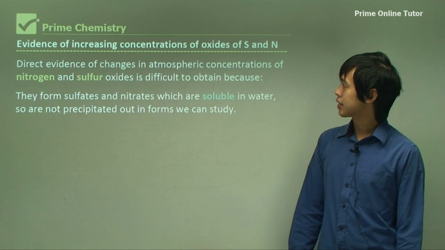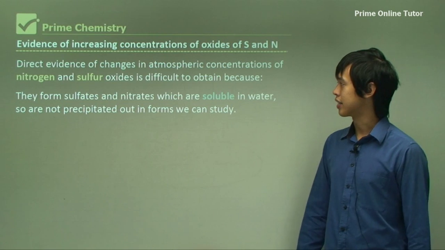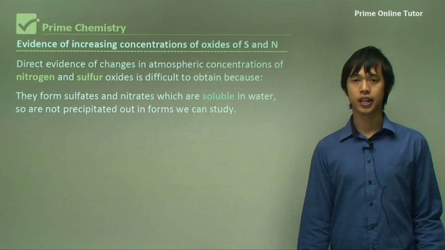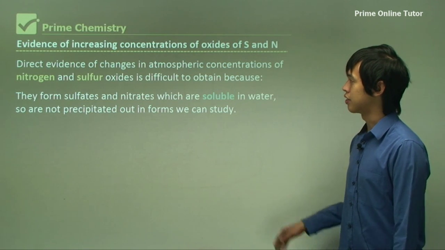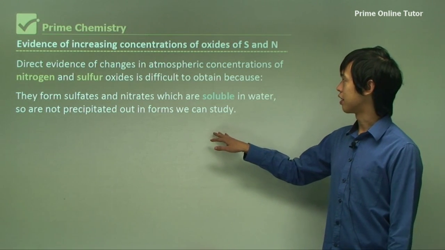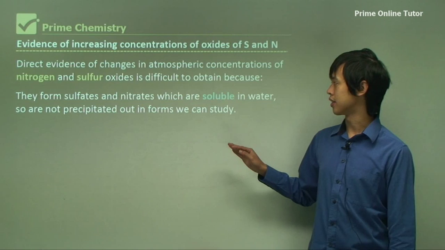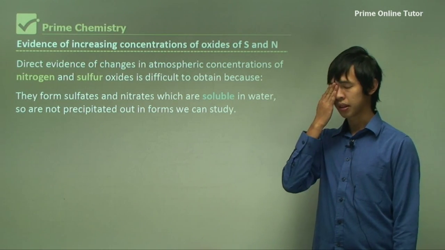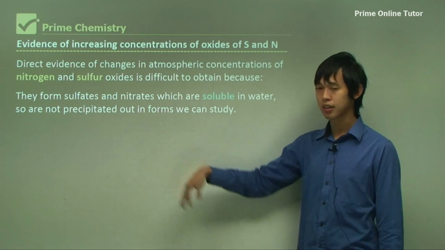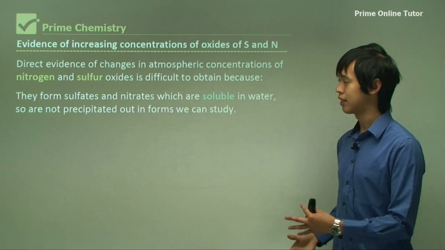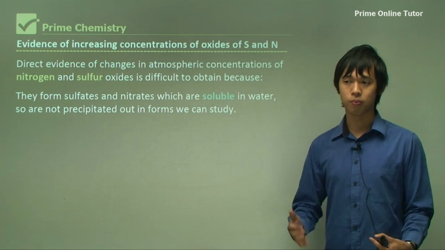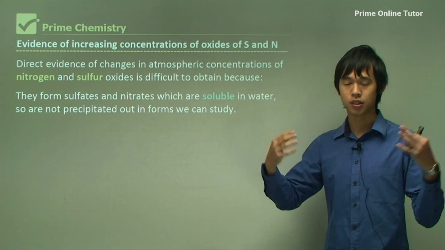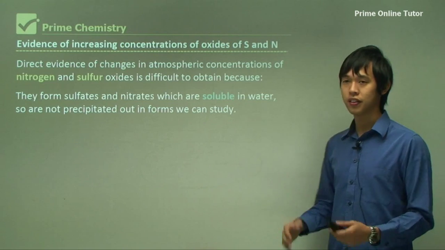Basically, the evidence for this is quite extensive, and there are many ways to get evidence about this. Direct evidence of changes in the atmospheric concentrations of nitrogen and sulfur oxides is difficult to obtain, but possible, because sulfates and nitrates, which form when nitrogen oxides and sulfur oxides dissolve in water, are very, very soluble.